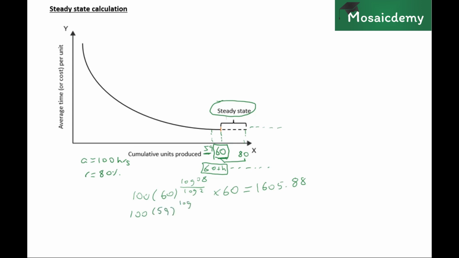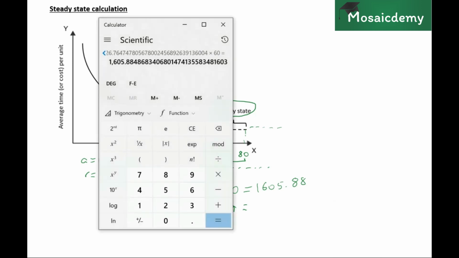So log of 0.8 over log 2, and this time we'll multiply it by the number of units, 59. This is what will always be the case for a steady state calculation. So if the steady state was at 117 units, you'd find the total time for 117 units minus the total time for 116 units, and that'll be the steady state time for any subsequent units. So only one unit less basically, just like we do for incremental time.